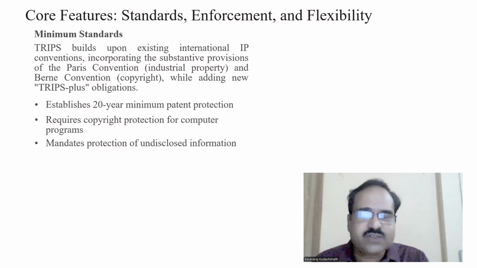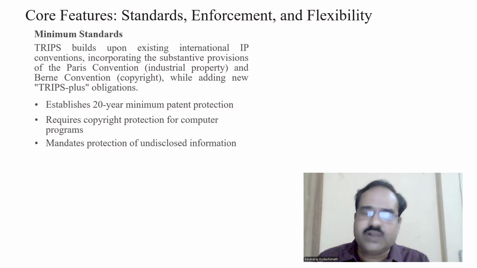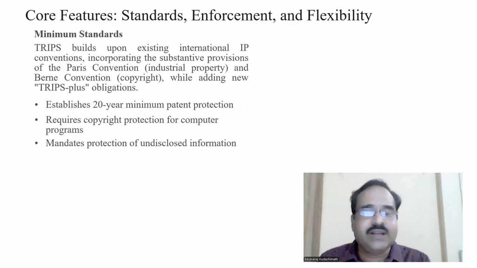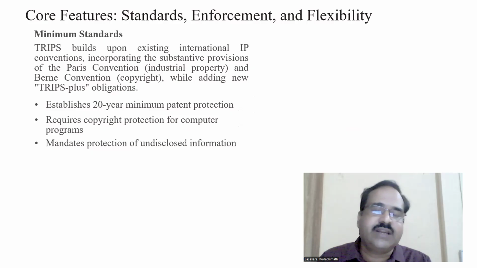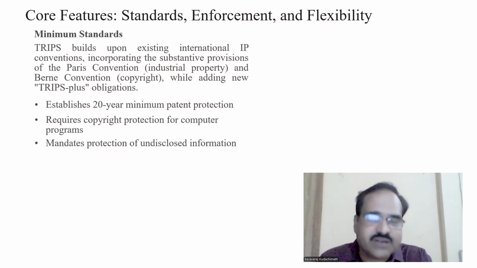Next one is that it requires copyright protection for computer programs. Any computer programs being developed by the computer program writers can be copyrighted, not patented. Then the copyright is protected, and that copyright cannot be copied by any other person using the same kind of algorithm or same kinds of software systems.